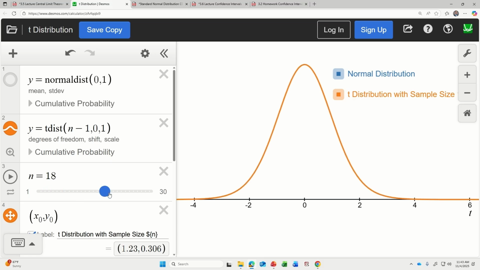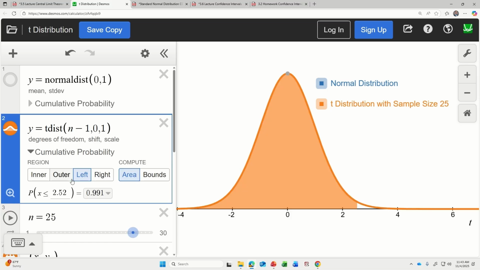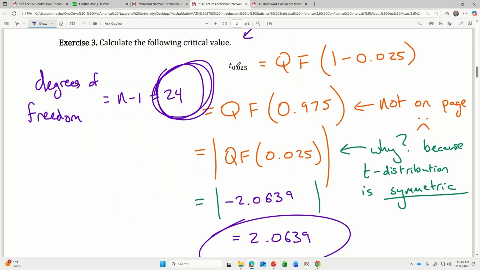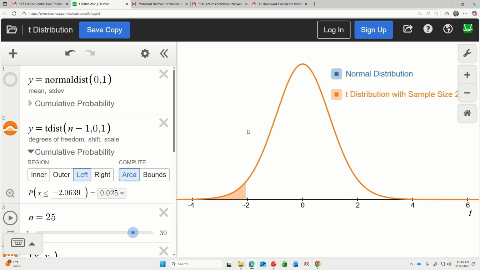Let's look at my t-distribution with sample size 25 here. If I want the area to the left of negative 2.0639, I'm talking about this little orange area.